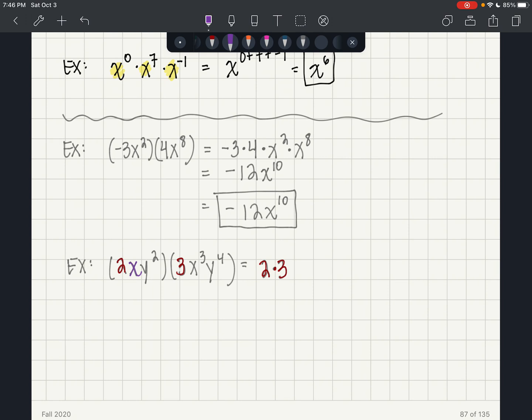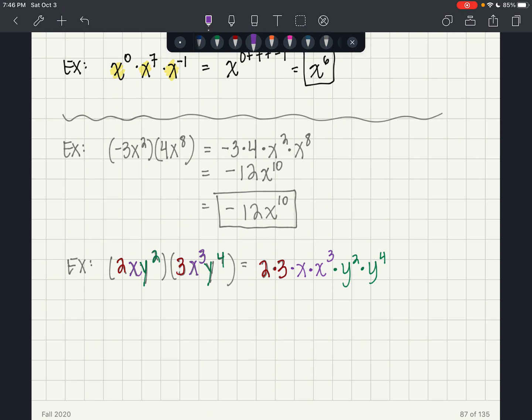And then the x's, I'm going to organize those next. So that's x to the first times x cubed. And then we'll have y squared times y to the 4th.